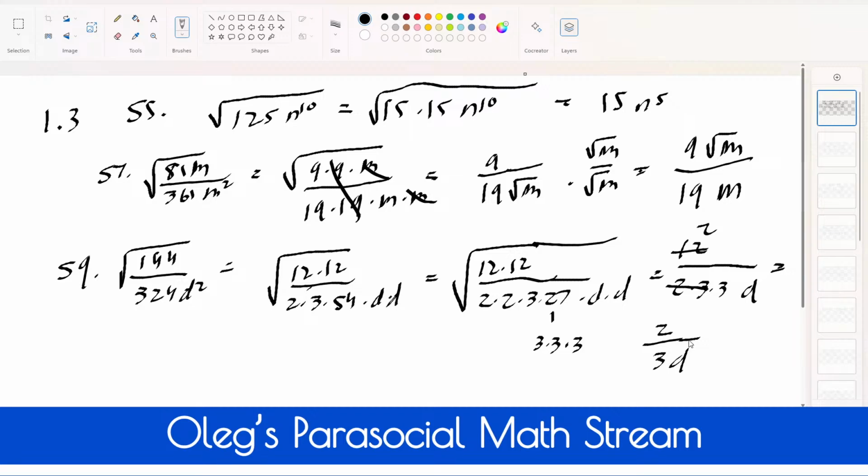I'll come back to that in a minute. 57, 9 over root m over 19. That's correct. And 2/3 d. So 55 is, what was it, 125? The end is correct. It should be 5√5. Let me check that real quick.